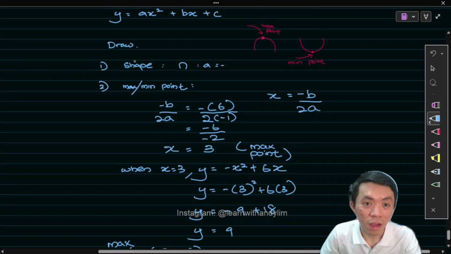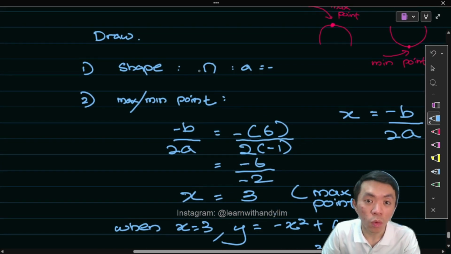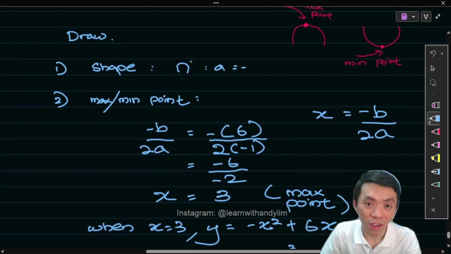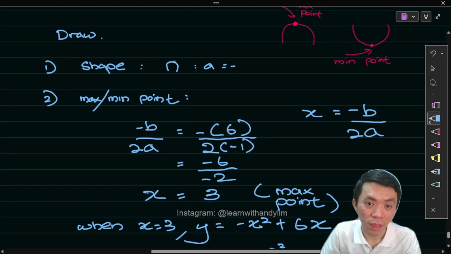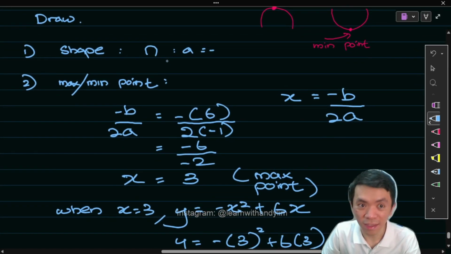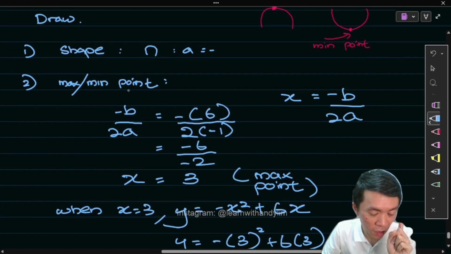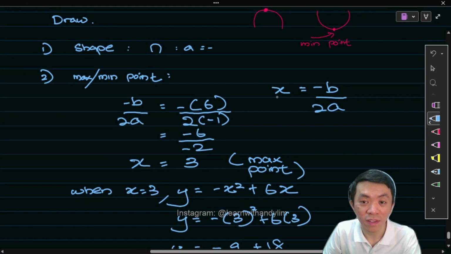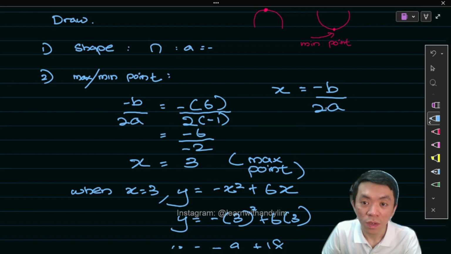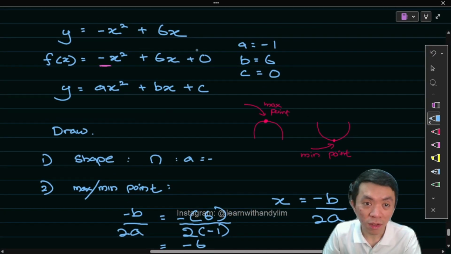Let's recap. First step, I need to determine whether it is concave down or concave up. Once I know it is concave down, in this case, I know this must be a maximum point. How do I find my maximum point? First of all, I need to determine the x value. The x value of my maximum point or minimum point is given by negative b over 2a. I got my b from here, the general equation of quadratic function.